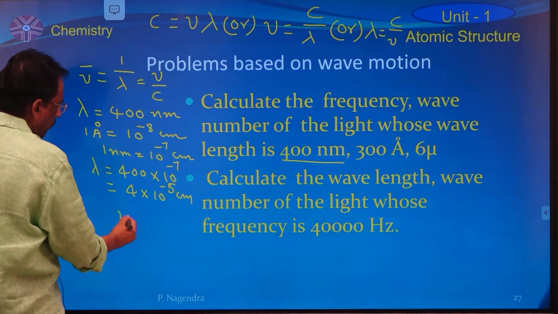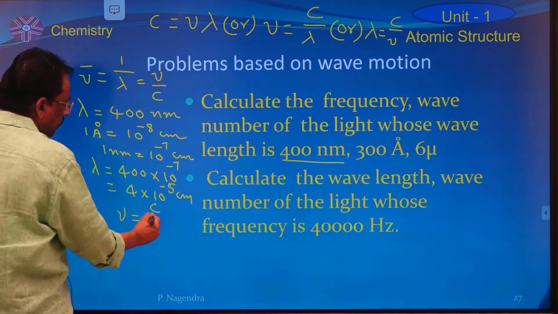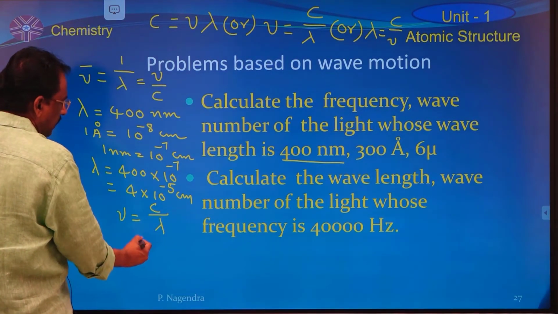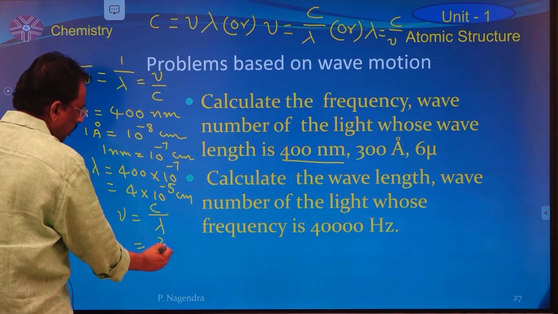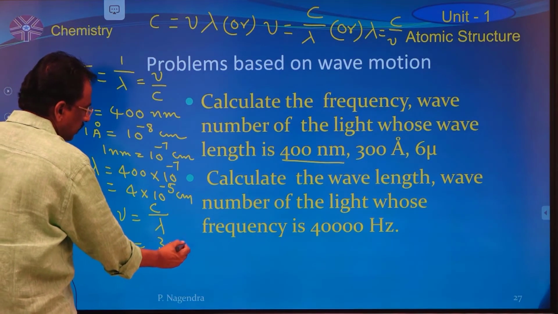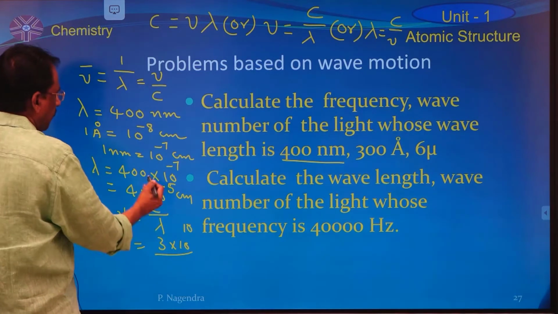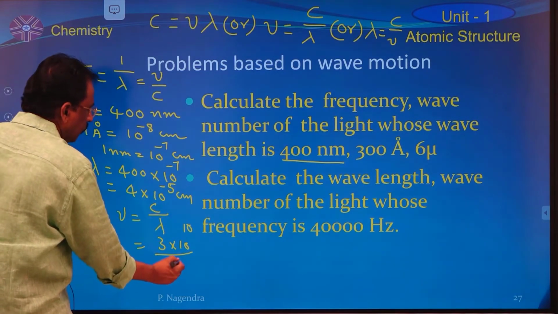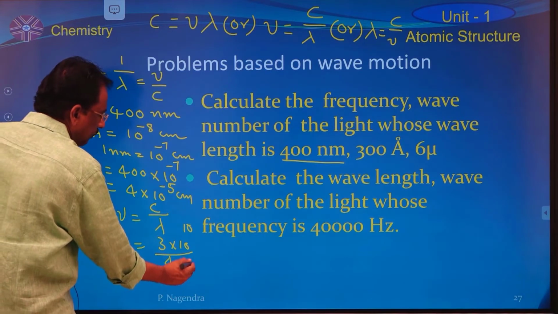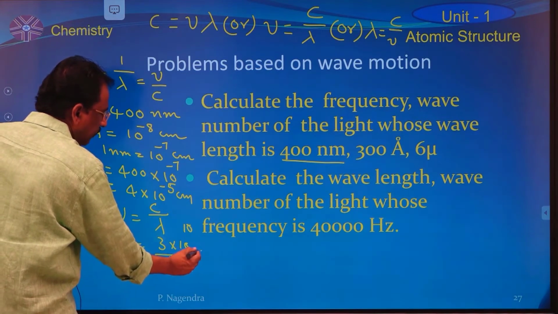Frequency is equal to c by lambda. The value of c in the CGS system is 3 into 10 power 10, divided by lambda, which is 4 into 10 power minus 5.